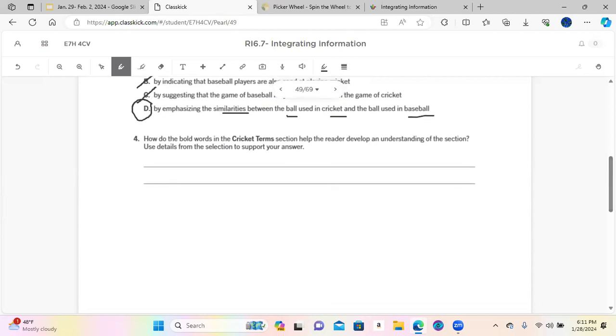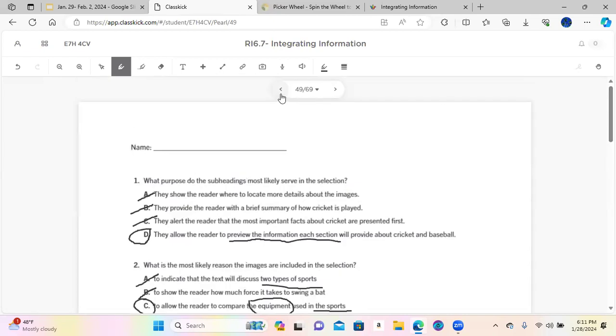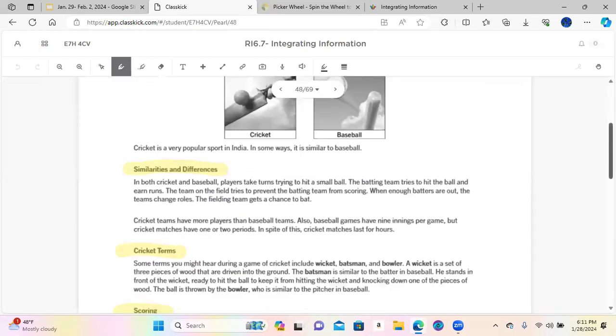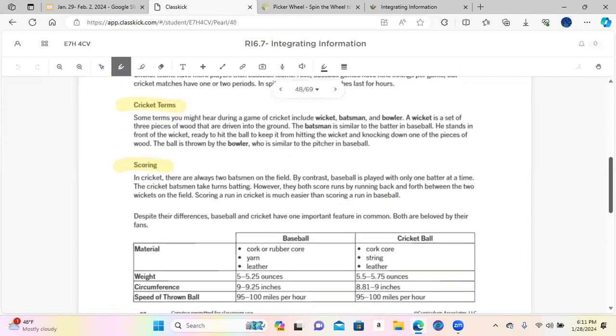Number 4, how do the bold words in the cricket terms section help the reader develop an understanding of the section? Use details from the selection to support your answer. So we know bold words always highlight important words that readers must know. So in the cricket terms, it highlighted these words: wicket, batsman, bowler, right?